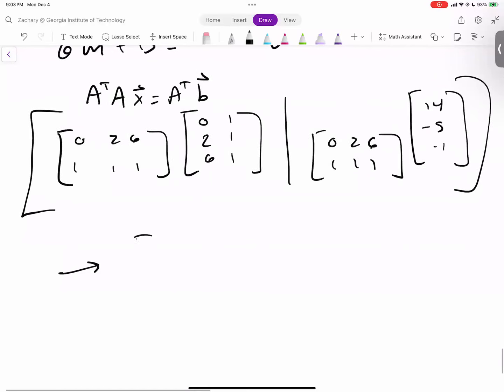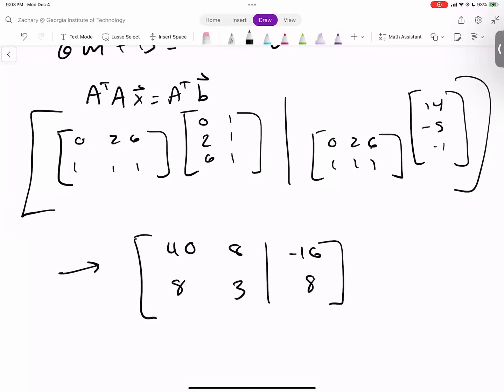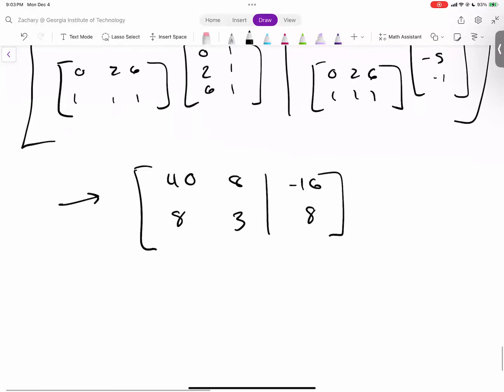And from here we get 40, 8, 8, 3 augmented with -16, 8. So we have a system.